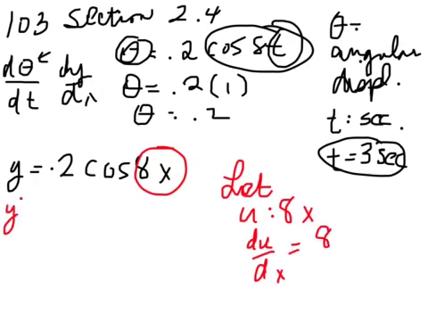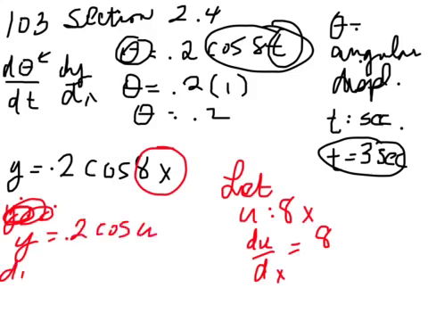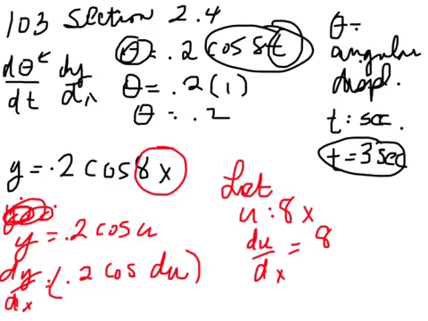Okay, so if I want to take this derivative, let me first rewrite the function. That's 0.2 cosine u, okay? So if I want to take the derivative of y with respect to x, it's going to be 0.2 cosine u du.